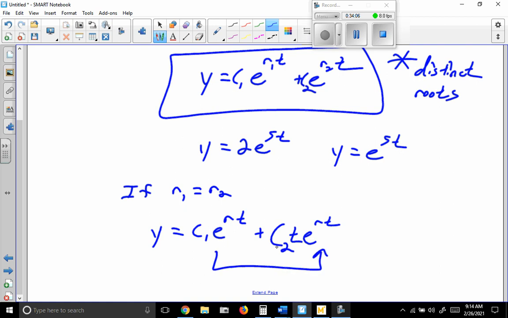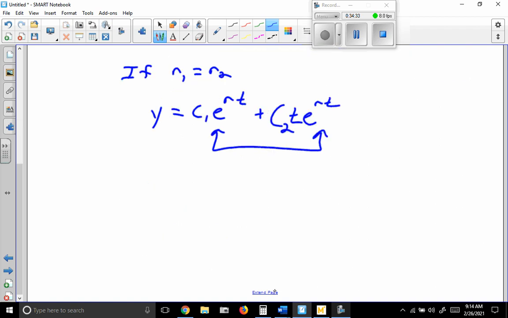So these are linearly independent, even though they have the same power of e, the same value of r. They are independent because the first one is not just a constant times the second one or vice versa. It actually has a variable times the second one. So these would be linearly independent.